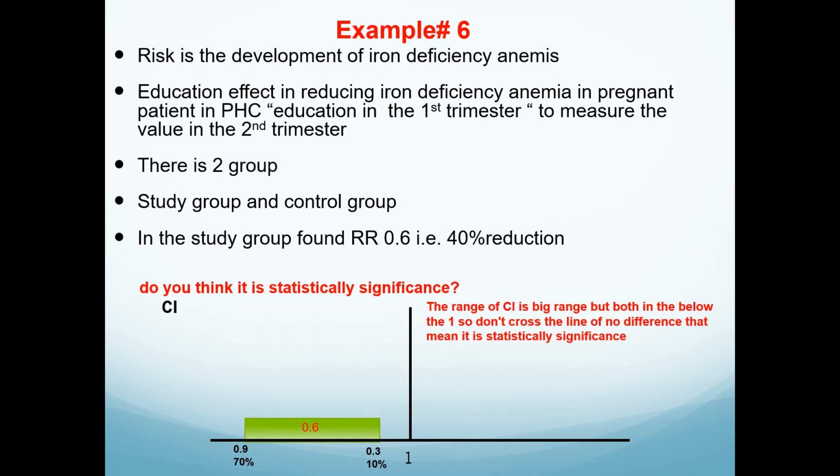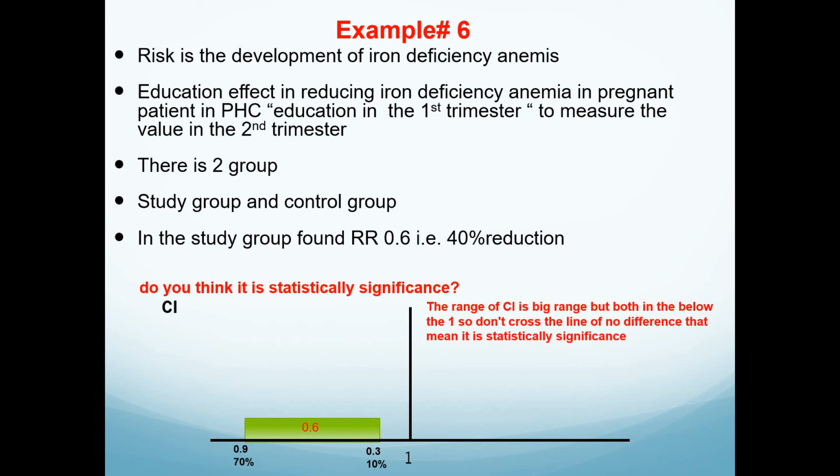Let us talk about another example where we are going to test the risk of the development of iron deficiency anemia in antenatal care. The intervention which we are going to introduce here is educational material in a primary healthcare center in the first trimester, and we are going to test the hemoglobin in the second trimester to see how much the risk of the development of anemia is.